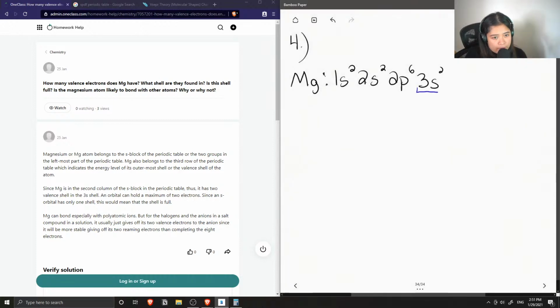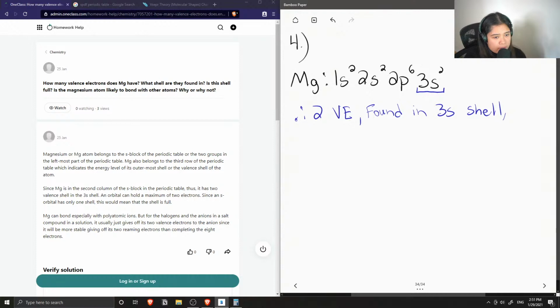Okay, so the 2 valence electrons are in shell 3. So we can say that therefore there are 2 valence electrons. They are found in the 3s shell. And is the shell full?